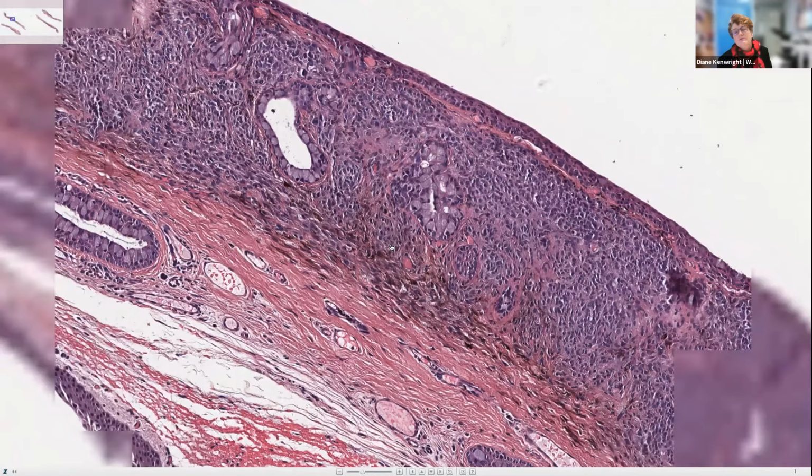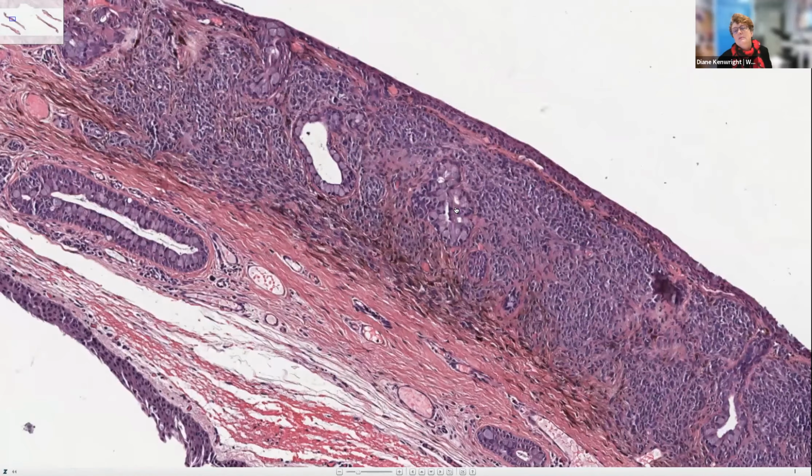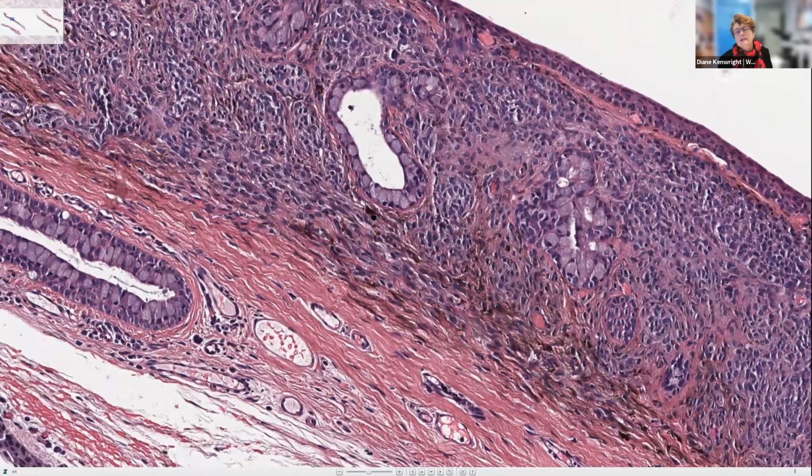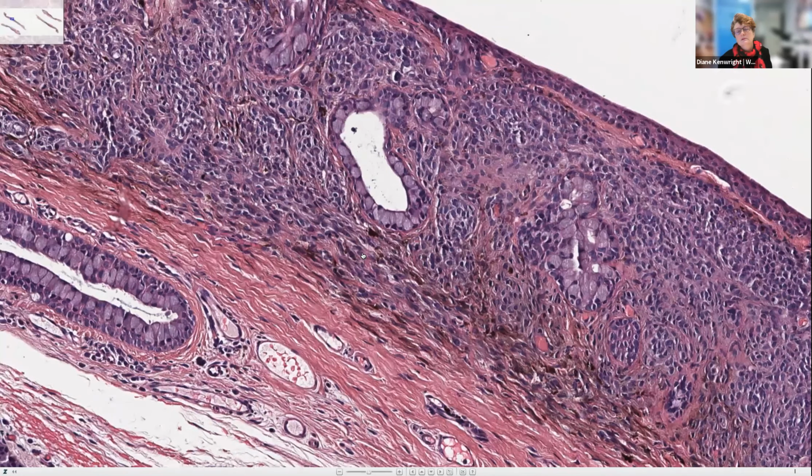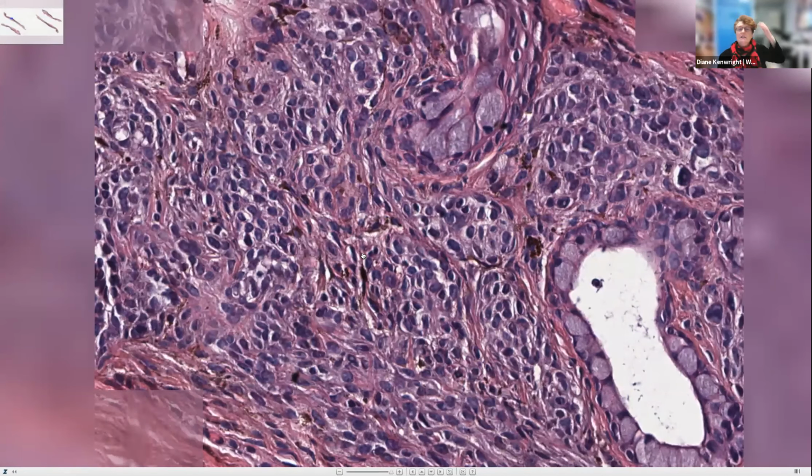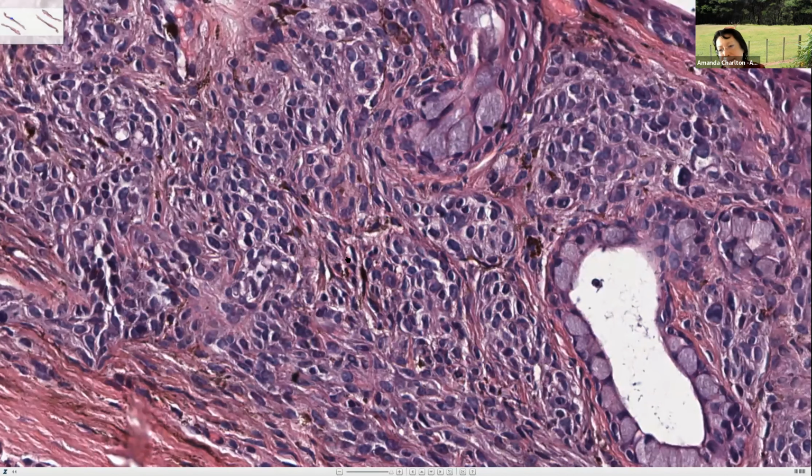There's a bunch of pigment around them where they've dumped it out, but some of them are still pigmented, like through here. Some of them have just dumped their pigment into the surrounding tissue, as they do, but some are still pigmented, like these ones here. I also noticed they're arranged in nests, which is also typical of melanocytes. So I'm pretty sure that this is a melanocytic proliferation here.